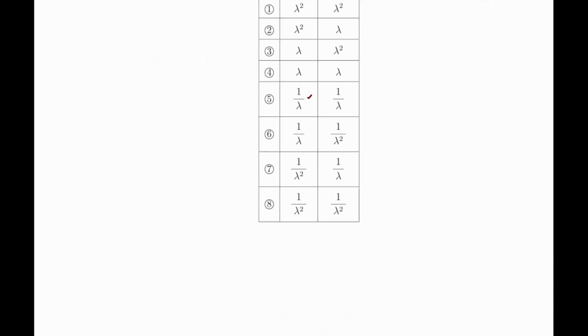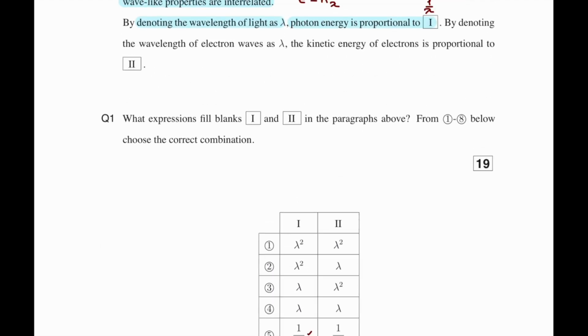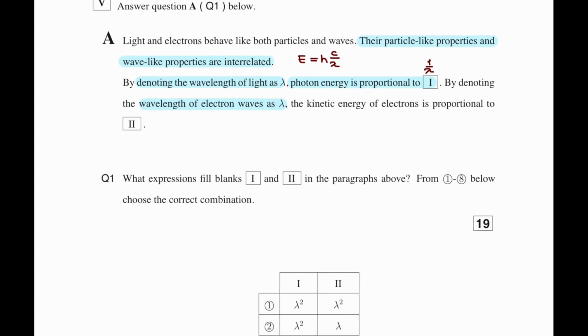So my final answer is either number 5 or number 6. And then, by denoting the wavelength of the electron as lambda, this is what I call the duality of wave and particle. As you can see, an electron is a particle, but in this case, the electron has a wavelength.